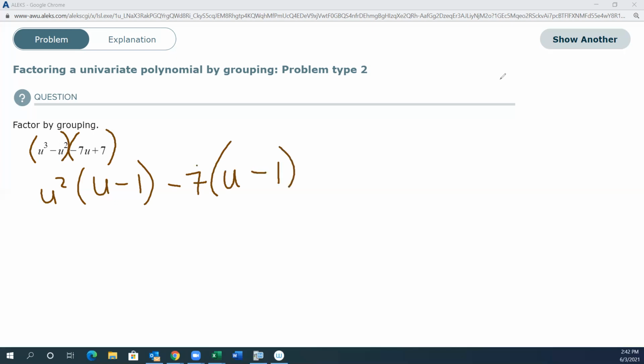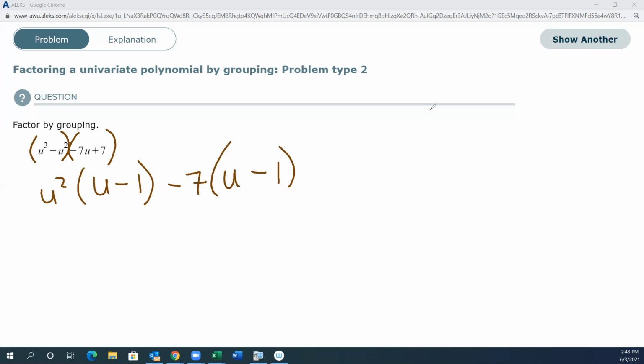Well, that makes sense, because if I multiply it back out, negative 7 times negative 1 gives me positive 7. When you factor out a negative, it always changes the sign. And then that way, by doing that, these end up being the same. So that's the tiny little extra thing you need to worry about when that middle sign is a minus.